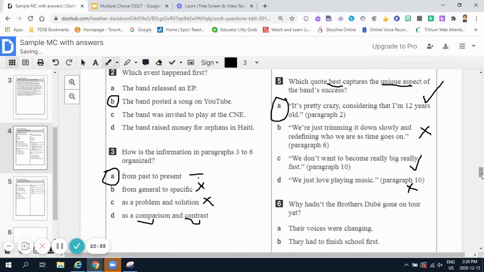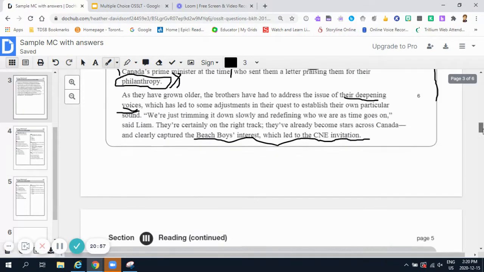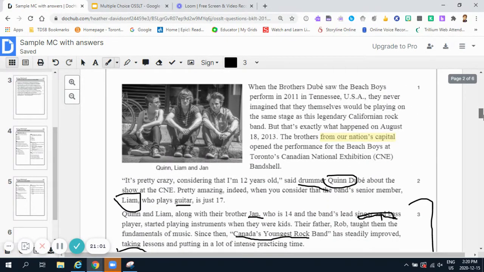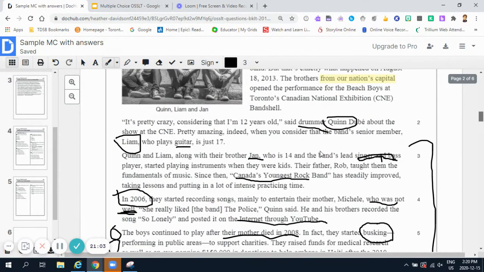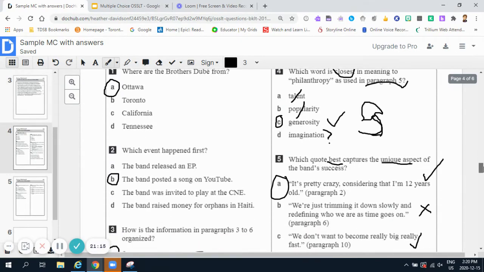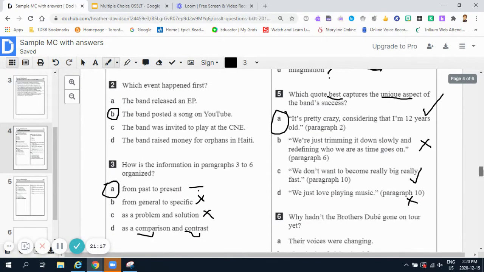And we have a couple of other clues emphasizing that that's the main point of the article, right? We've got quotations here. Canada's youngest rock band. Doesn't say Canada's band that wants to wait to be successful. They keep emphasizing how young they are. So that's another one of those. This is really an inference question where we are making an educated guess.